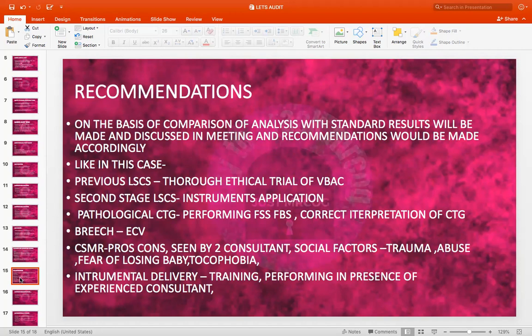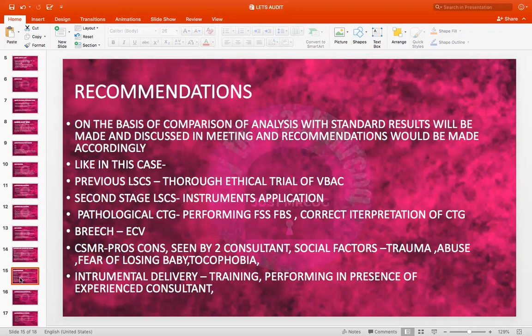In the analysis, you are doing so many cesareans. The standard is that you should do instrumental delivery 10% overall, but you have done only 4%. Probably for every second stage labor or prolonged labor, you are directly going for cesarean. You are not giving a trial of instrumental. Probably you are not going for VBAC. You probably are not doing external cephalic version. So that is the comparison with the standard.